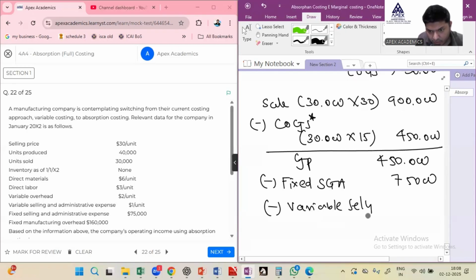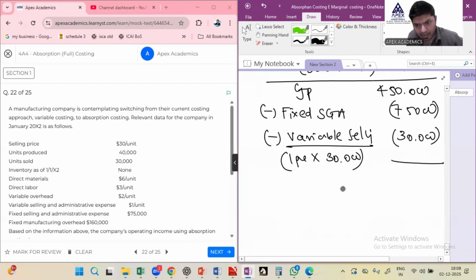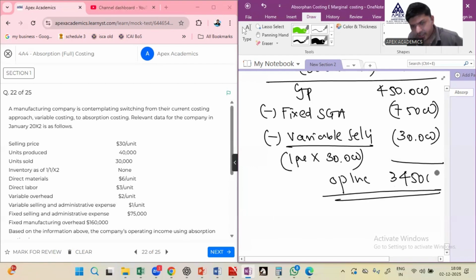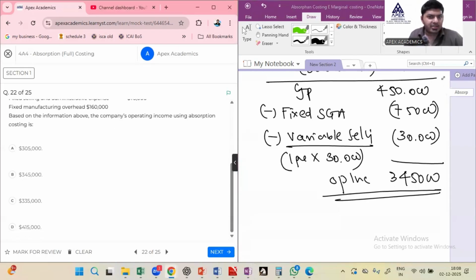Variable selling for me is 1 per unit, for the 30,000 units sold. So 4,50,000 minus 75,000 minus 30,000. My operating income under absorption costing comes to be 3 lakhs and 45,000. That is my option number B.